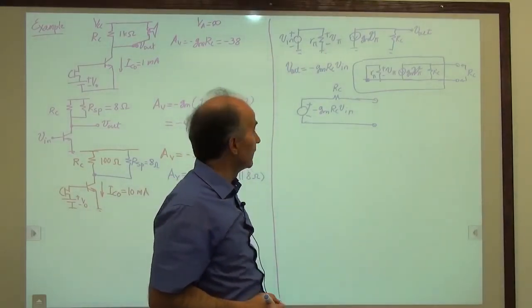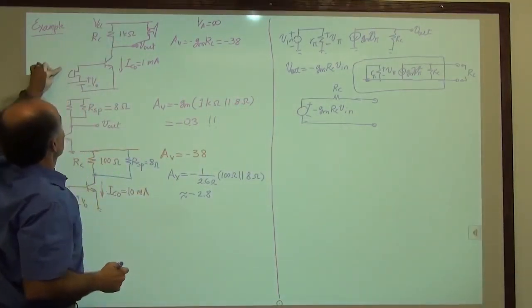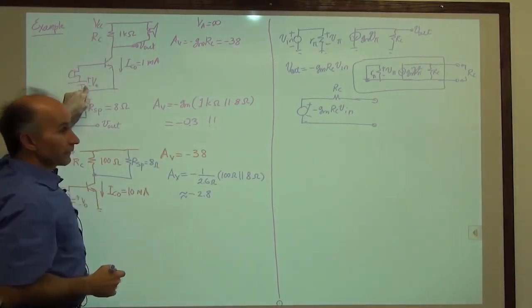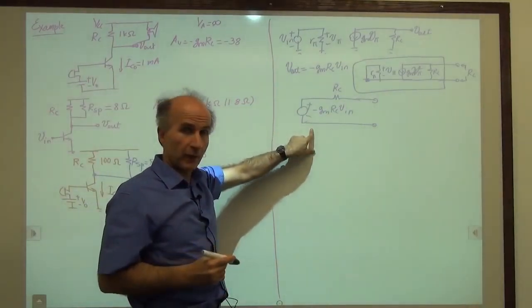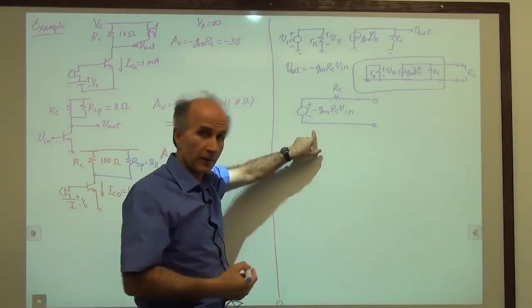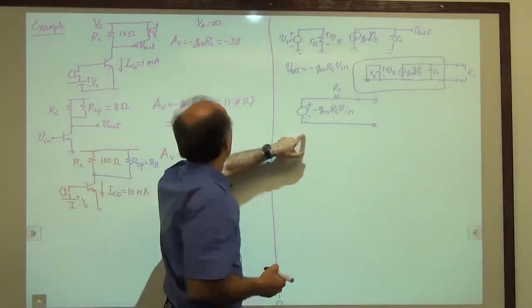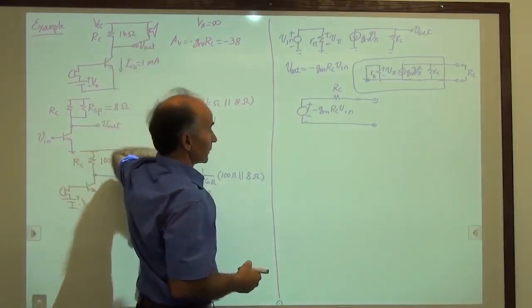All right? Now, I represented the equivalent circuit of all of this amplifier without the speaker as shown here for small signal operation. What happens when we connect the speaker to the system? Well, we are connecting a speaker between here and AC ground.